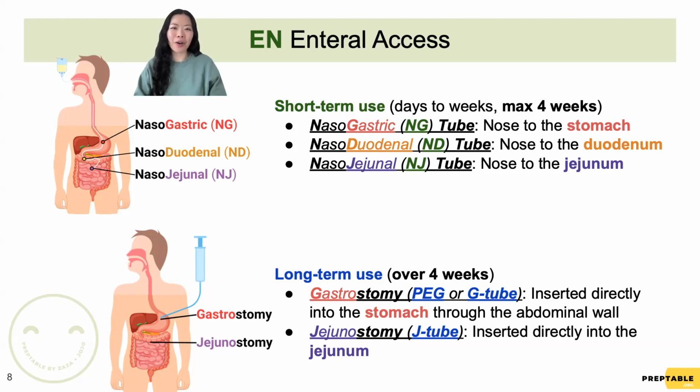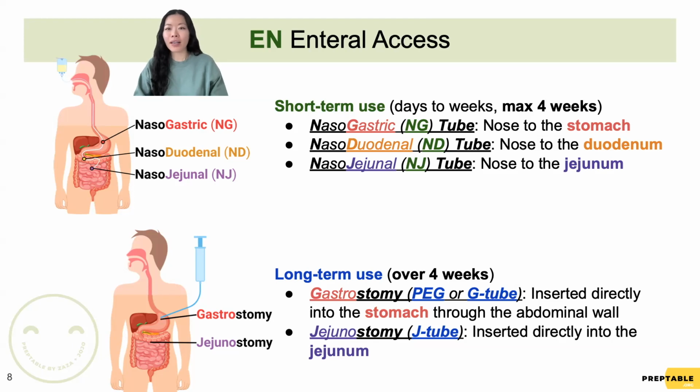Now, how do you know which nasal feeding tube is good for your patient? If your patient has a working stomach, choose an NG tube and use that stomach. But if the patient cannot tolerate the NG tube, switch to ND or NJ tube with doctor's approval. So, why are these three tubes for short-term EN?